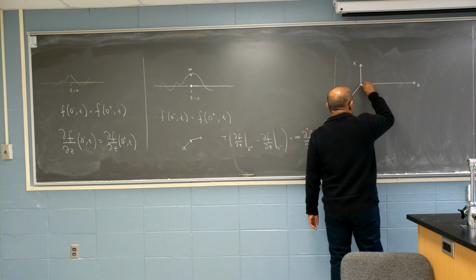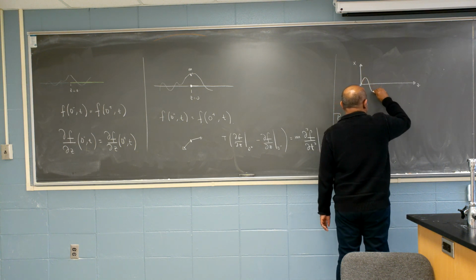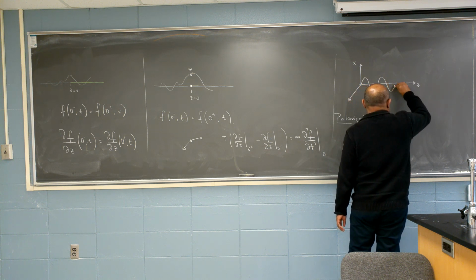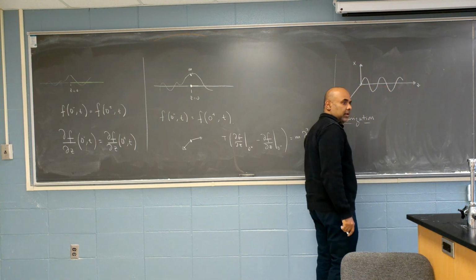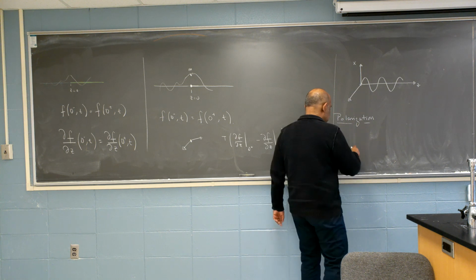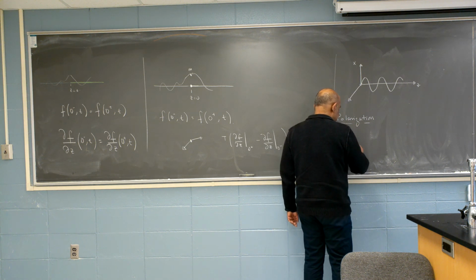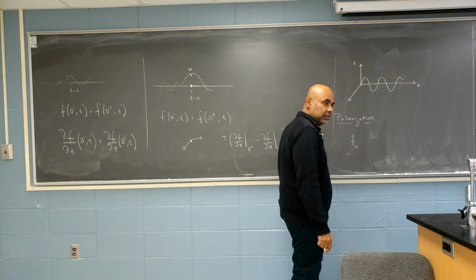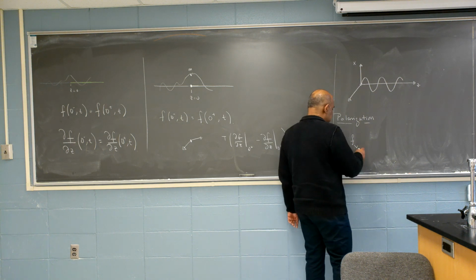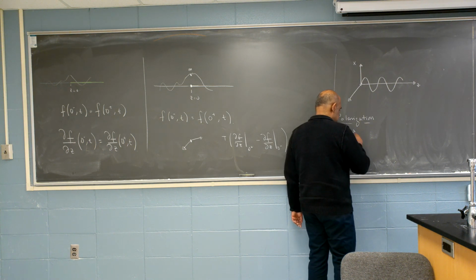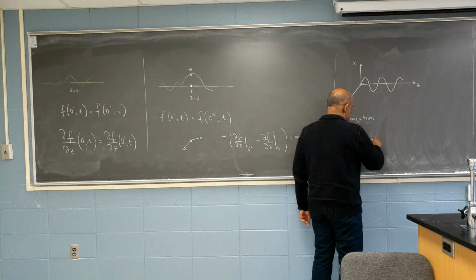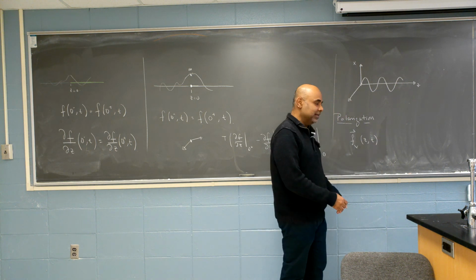You could have a wave like this. And Griffiths denotes this as a vertical wave. And it's a vector. And it's a complex wave.